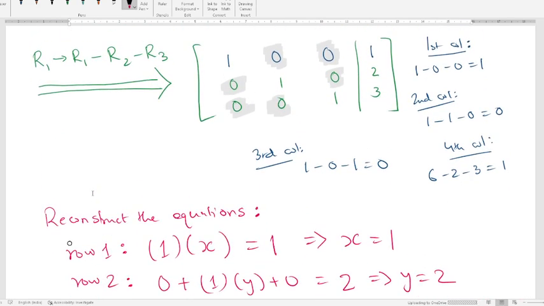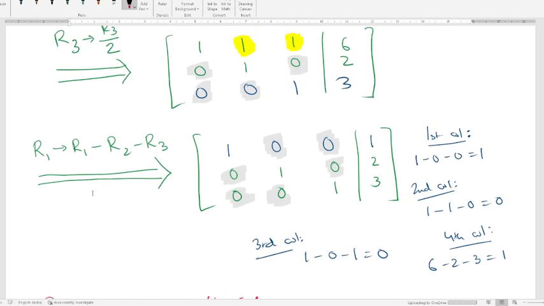Okay. Did you understand till this step? Right. So here we have got the augmented matrix. After all of these row transformations, we have got only the diagonal entries non-zero. This is a diagonal entry 1, this is a diagonal entry 1, this is another diagonal entry 1. Now, we'll look at each of the rows. Let's look at the first row.